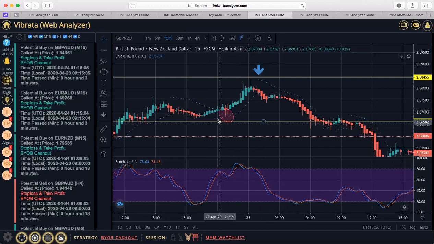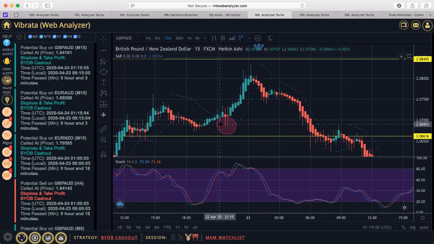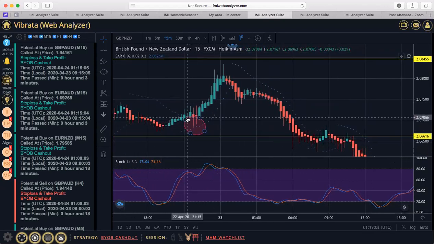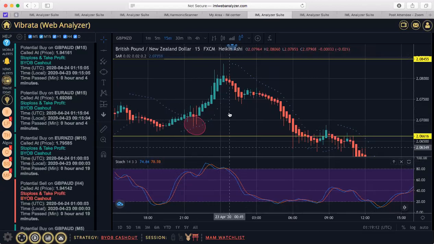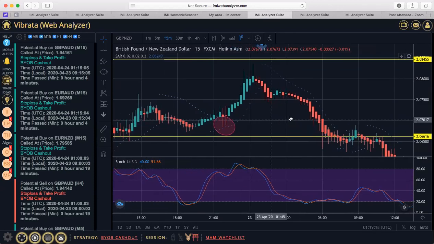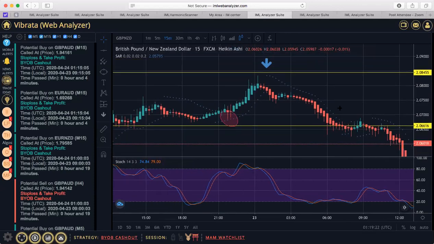Crossover, cross up, I got my flat green candle, flat bottom, and that actually didn't happen till over here somewhere, but I got my PSAR first on this one. So in the grand scheme of things, bottom, bottom, bottom, top, top, top. You're just looking for all three things to be on the top, or all three things over here to be on the bottom.